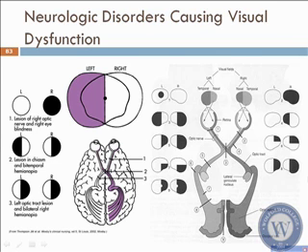Okay, if you see number 1 here, this is a nerve cut, and that correlates with a lesion of the right optic nerve, and you get right eye blindness. If you go to 2, which is a cut here in the optic chiasm, then you get bitemporal hemianopsia, which means that you lose your lateral vision. Okay, so you still see the inside.